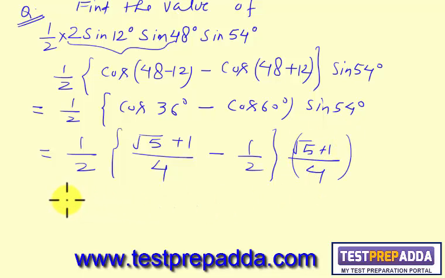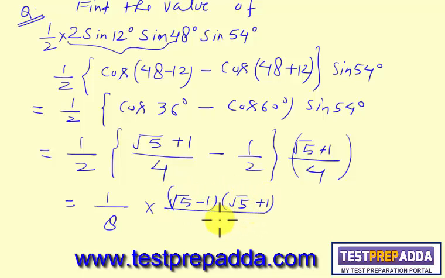Okay, and if you solve, it becomes 1 by 8, and here if you solve, it will be root 5 minus 1 into root 5 plus 1 by 4, and root 5 minus 1 into root 5 plus 1 will be 5 minus 1, that is 4. 4 will get cancelled, and at the end we get the answer as 1 by 8.